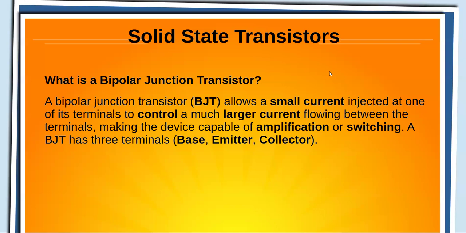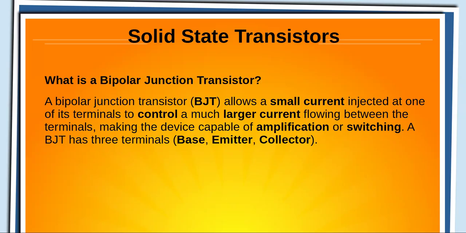So what is a bipolar junction transistor? It's this sandwich that allows a small current injected into one of the terminals, usually called the base, to control current flow between the collector and emitter. That allows us to use it as a switch or an amplifier, depending on how we bias it.